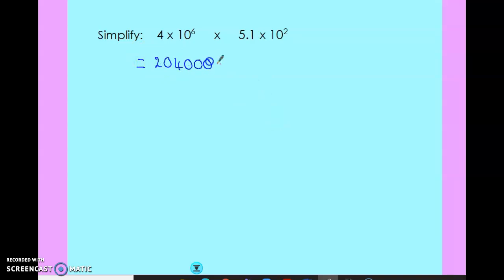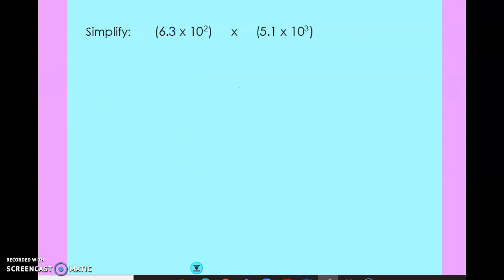I want this back into standard form, so I get 2.04 times 10 to the power of 9.